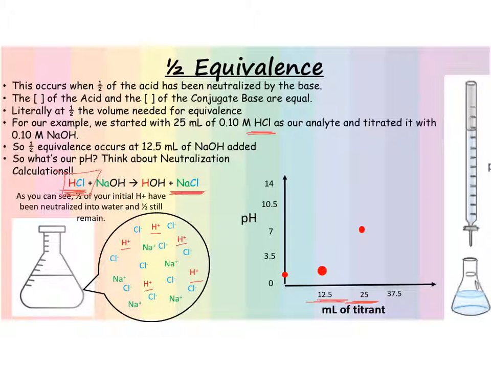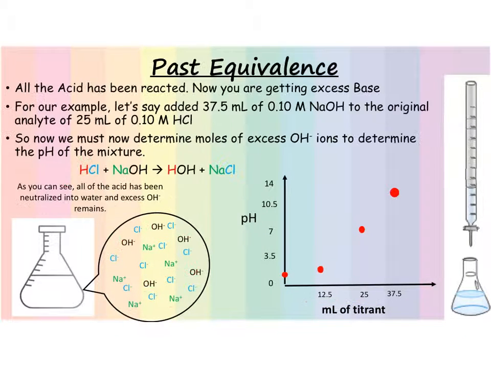For my Na, I've got 1, 2, 3, 4, 5. There's 5 Na+. And all my Cl- are already present. I already have 10 Cl- because they're all coming from that HCl. All right, so the important thing there was to understand that at half equivalence, your acid is equivalent to your conjugate base.